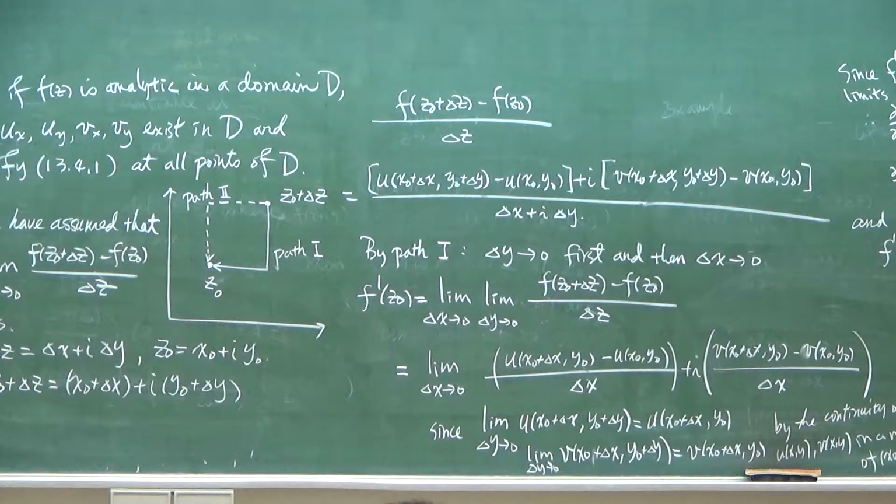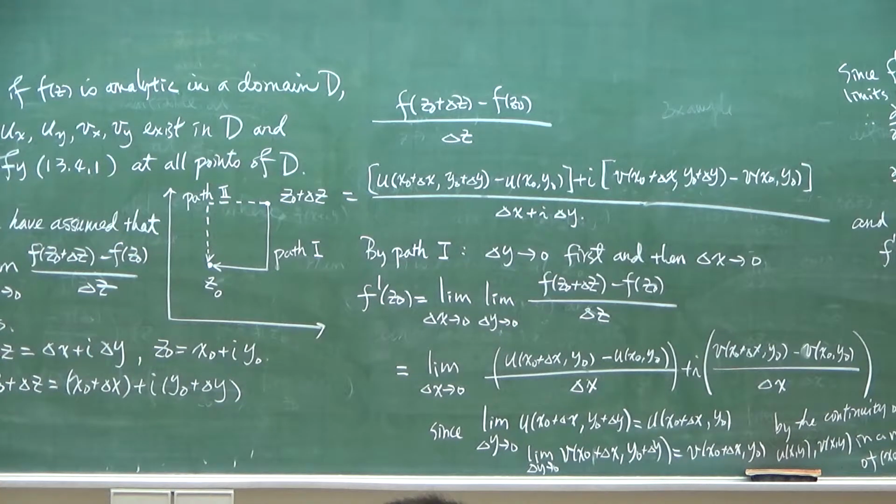Okay. So we apply the first limit here. We find that we have u of x0, y0 plus delta y minus u of x0, y0, divided by i delta y.